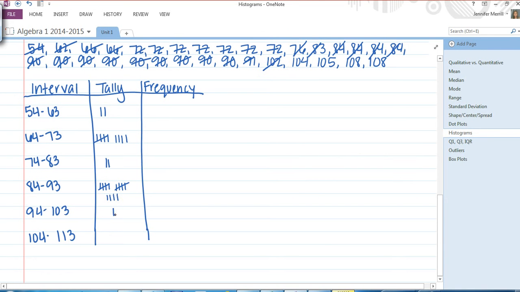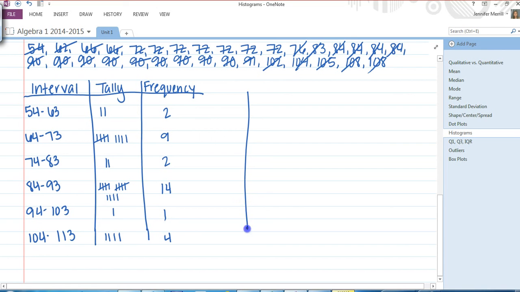And then lastly, 104 to 113, 1, 2, 3, 4. So my frequency is 2, 9, 2, 14, 1, and 4.